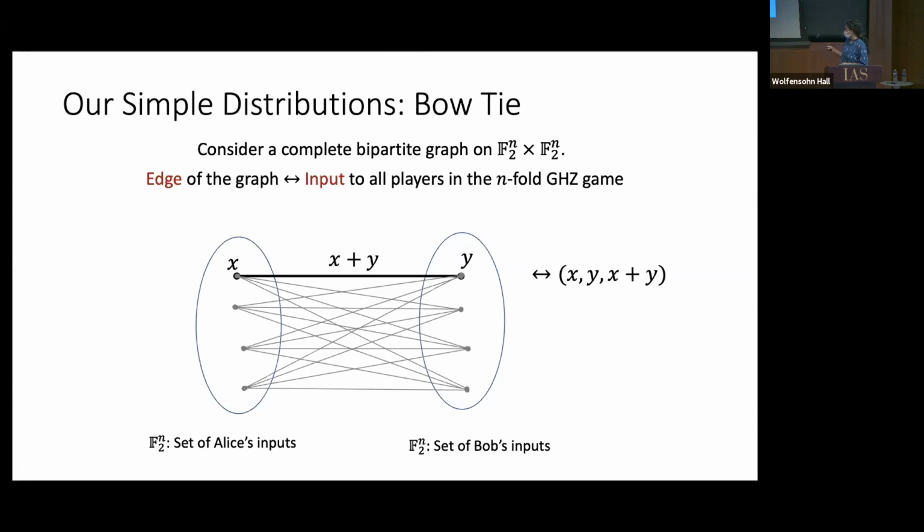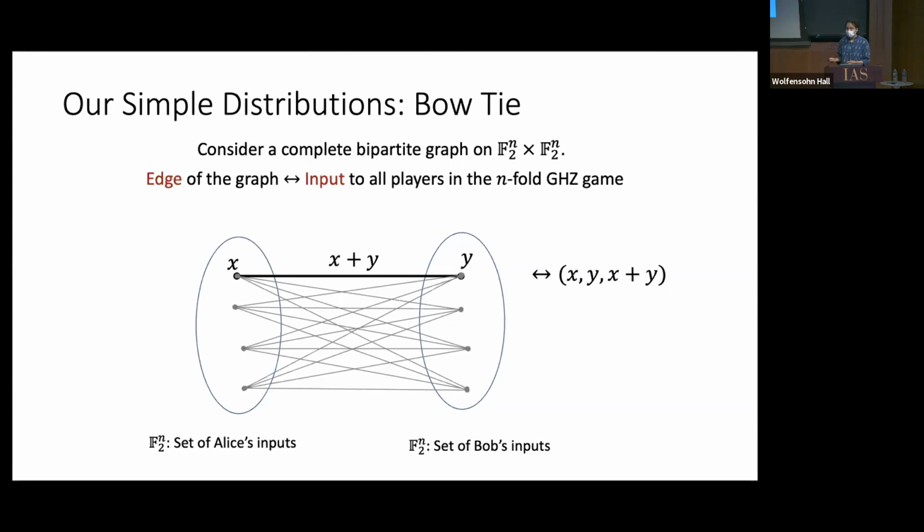So given a vertex x in Alice's input and y in Bob's input, if you look at the edge x, y, it corresponds to the input x, y, x plus y. Conversely, given any input to the n-fold GHZ game, it must look like x, y, x plus y. And that corresponds to the edge x, y. So it's useful to keep this picture in mind for the rest of the talk.